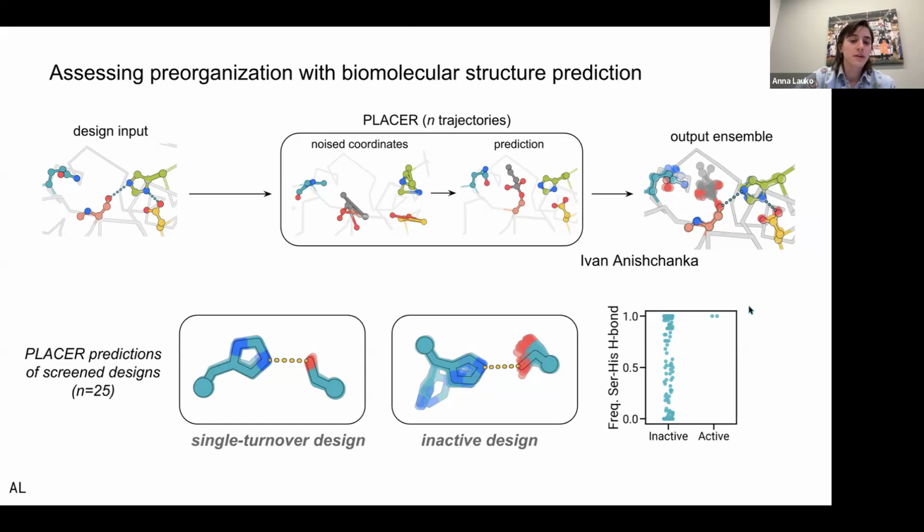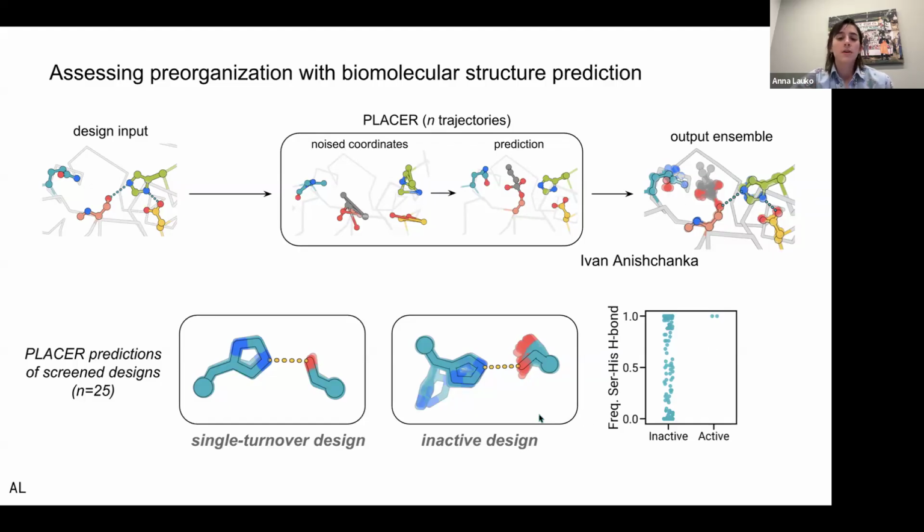Here are two examples on the bottom. We have some designs where every output from Placer looks basically exactly the same. So if we're looking at just our catalytic residues, serine and histidine are always forming the hydrogen bond that we want them to be. That's on the left there.